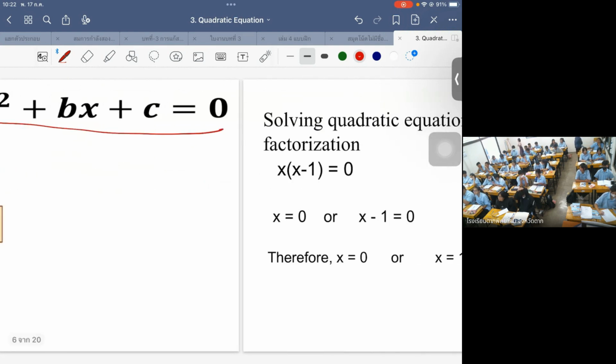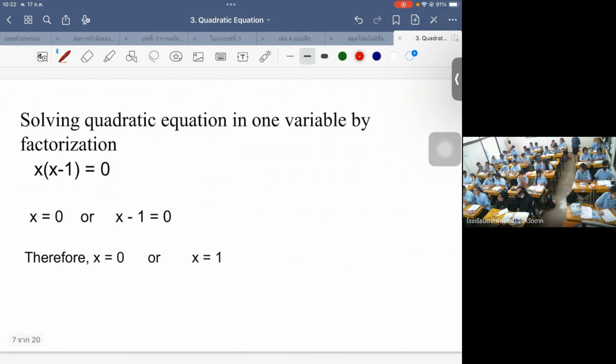Now, let us begin solving a quadratic equation in one variable by using factorization. So, you need to separate that into factors. So, we have factors x and x minus 1. So, to do that, we transpose again.